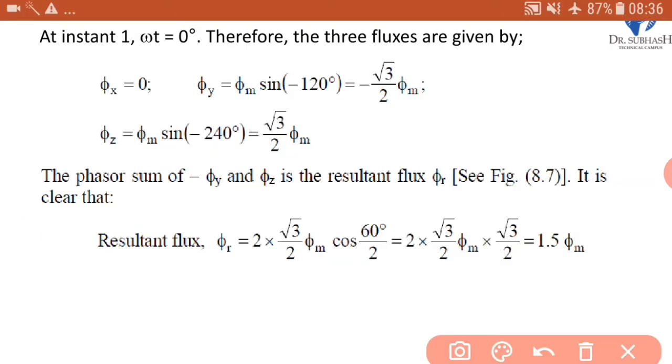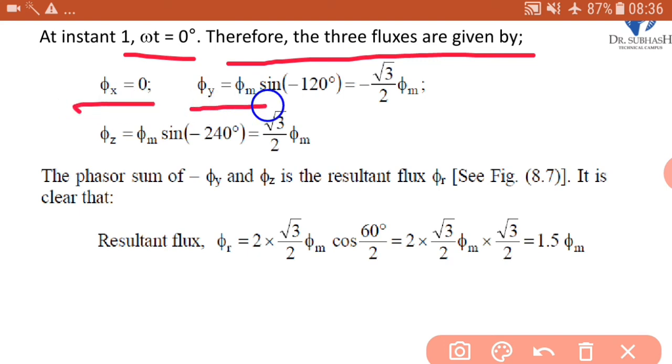At instant 1, omega t is equal to 0. Therefore the three fluxes are given by: flux due to x phase, phi x is equal to 0; flux due to y phase is phi m sin (minus 120 degrees), which is equal to minus root 3 by 2 into phi m; and flux due to z phase, phi z is equal to phi m sin (minus 240 degrees), which is equal to root 3 by 2 into phi m.